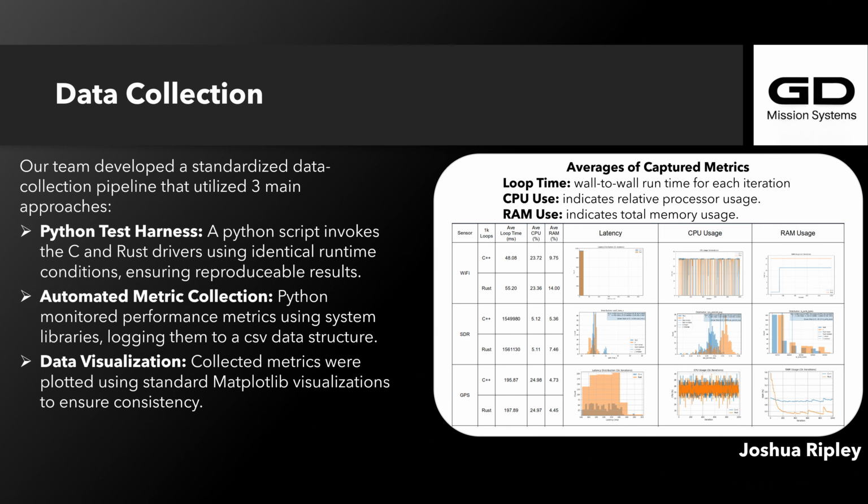Loop time directly measures how quickly each sensor can read and process the data. And faster, more stable loop times reduce jitter, improve responsiveness, and ensure the system meets real-time deadlines. Average CPU and RAM utilization was chosen to indicate whether the adjusted code could run on existing hardware, as a significant delta between the C runtime and Rust runtime environments would indicate a greater dependency on hardware configuration.